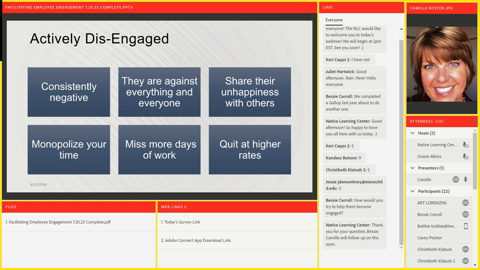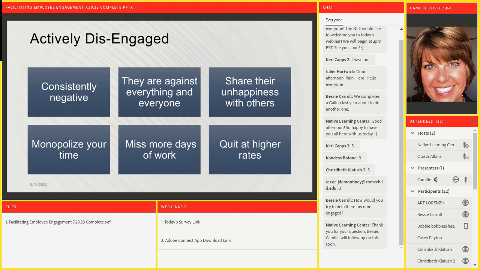How would you try to help them to become engaged? So Bessie, the data really, we'll talk about that in just a second, but I will tell you, to get a person from actively disengaged to a place of not engaged is really the choice of that employee. And it is a conversation you introduce and have with them.